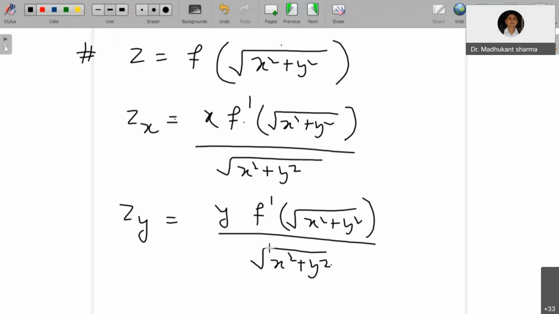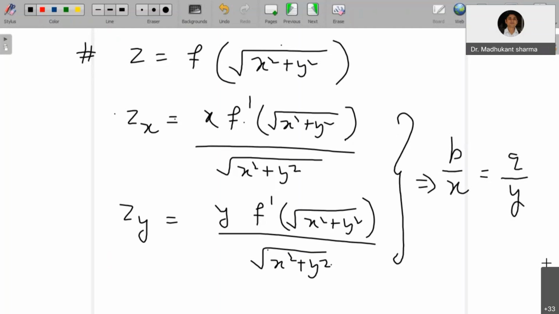So from here and here, what you can observe is that p by x equals q by y. This implies py minus qx equals 0. Earlier, the families had two arbitrary constants, and here there is one arbitrary function.